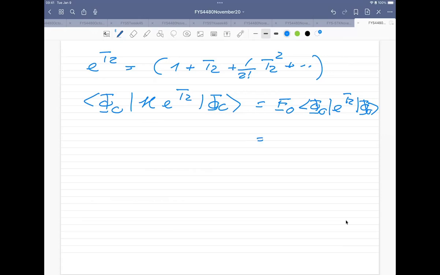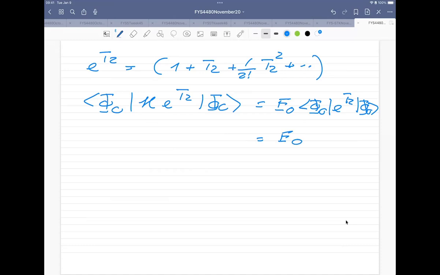Looking at the Taylor expansion, as soon as I have a T2 acting on the ground state, it creates a two-particle, two-hole state, and taking the overlap of that with phi 0 gives 0. So all T2s to some power greater than or equal to 1 give 0. That means the right-hand side is actually just E0. So that's pretty easy to isolate.